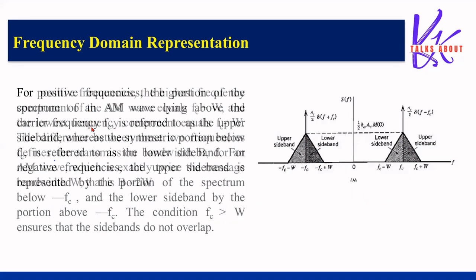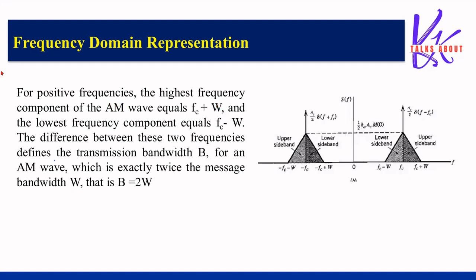For the positive frequencies, the highest frequency component is Fc plus W, and the lowest frequency component is Fc minus W. The difference between these two frequencies is what we call the bandwidth. For an AM wave, the bandwidth is B equals 2W, that is, higher frequency Fc plus W minus Fc minus W, which results in 2W.